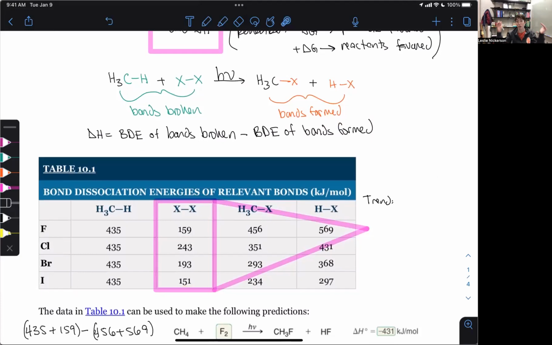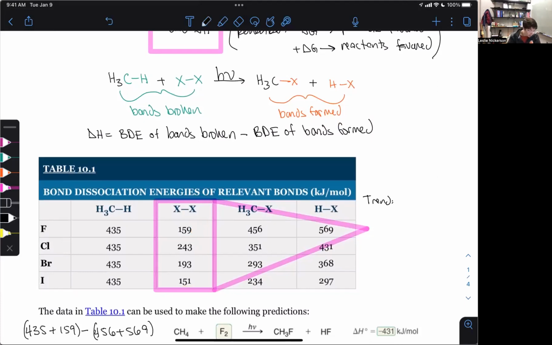It's becoming easier for that bond to break, because once you have a really long bond, it's easier to break it apart. And you're going down in electronegativity, so you're getting to a point where not having a full octet of electrons is not the end all be all of the process here. But when we look at the first couple of halogens, the fluorine compared to chlorine, that 159 is a really, really easy bond to break.